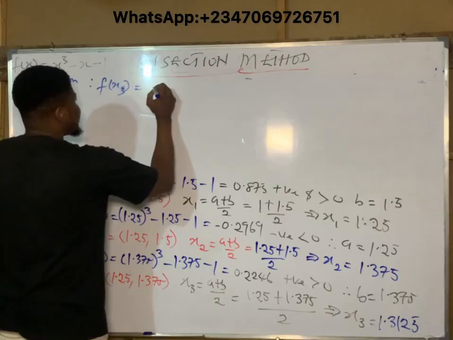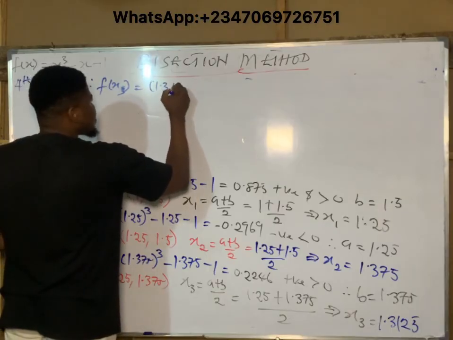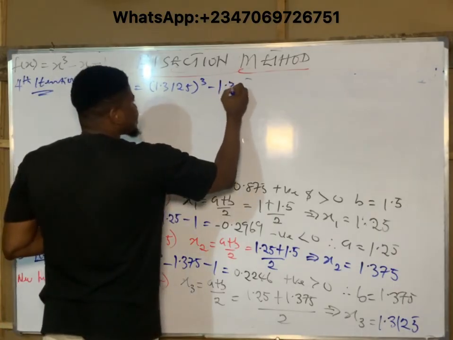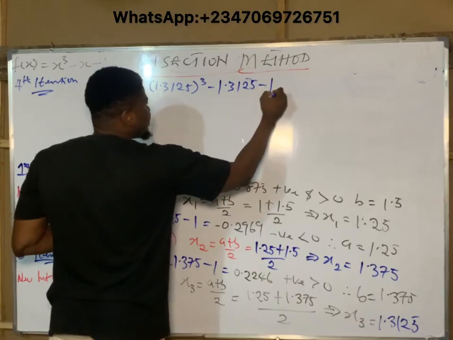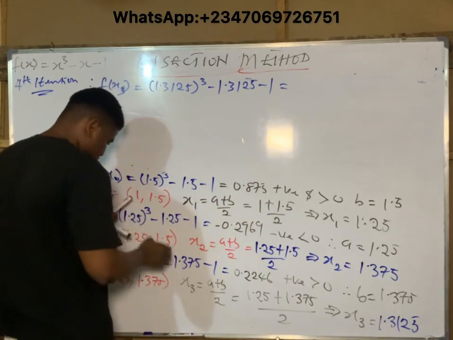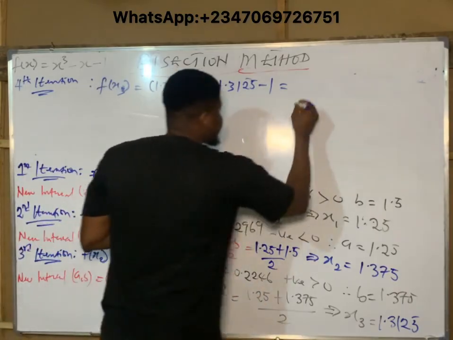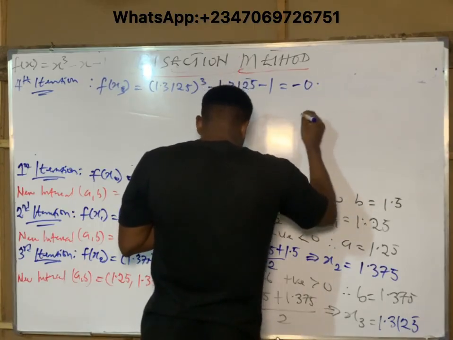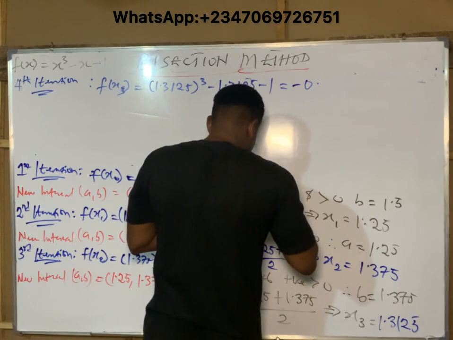So we have 1.3125 to the power of 3 minus 1.3125 minus 1. So let's see what this value gives to us. So that value gives us negative 0.0515.